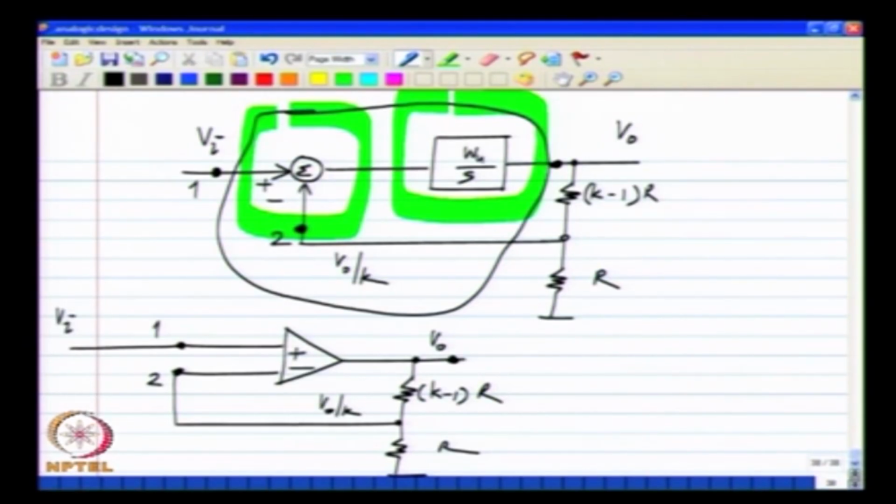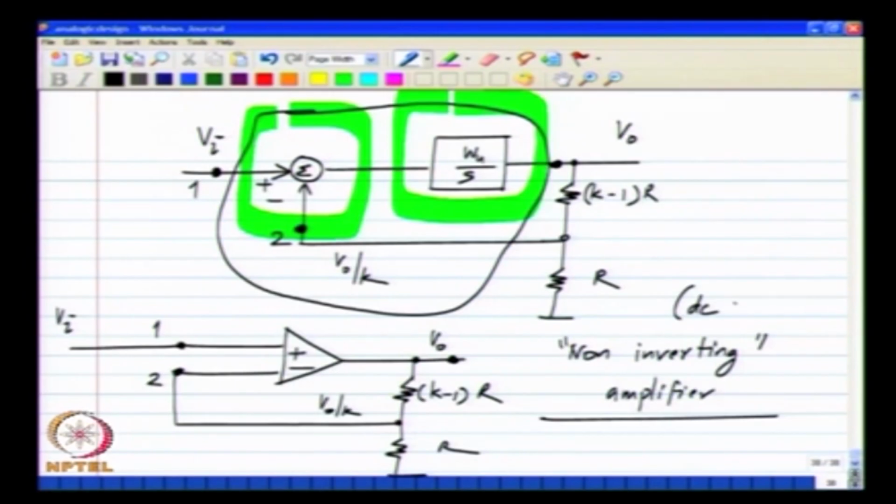So, this is my basic negative feedback amplifier using op amps, and it is nothing but the realization of the negative feedback amplifier that we have been discussing so far, and this is known as the classical non inverting amplifier. Non inverting simply means that the DC gain is positive, because in this case we know that the DC gain of this particular system is k.